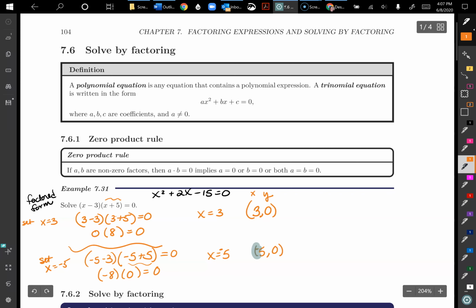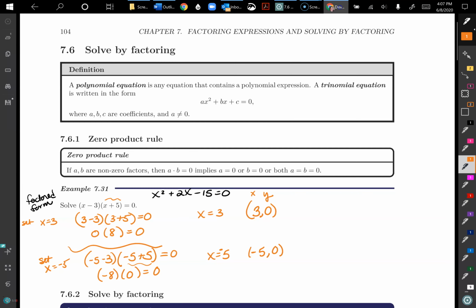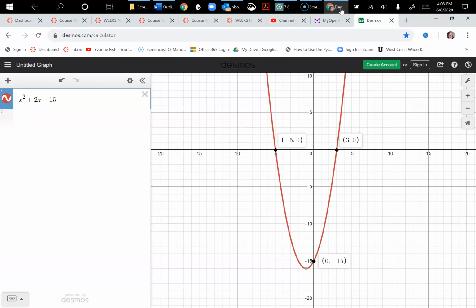And if we look back at our graph real quick, we in fact have that. We have -5 there and 3 on the right. So that's when our parabola hits the x-axis.